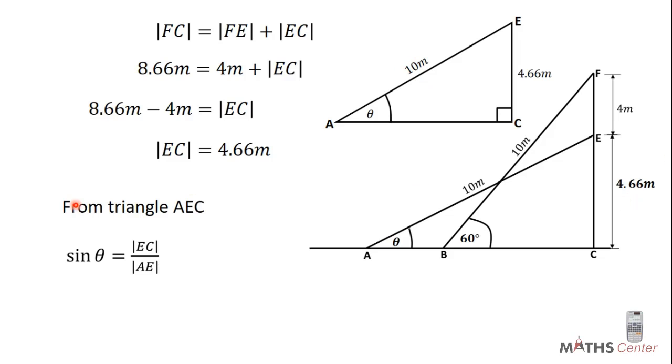So we can say that from the diagram AEC, sine theta is equal to opposite, which is EC, divided by hypotenuse, which is AE. So sine theta is equal to EC, which is 4.66, divided by 10, which is AE.